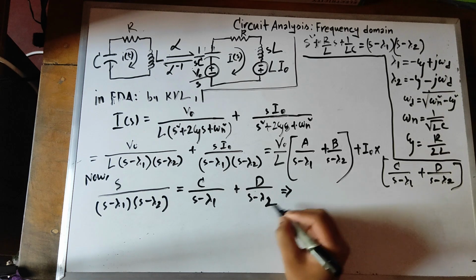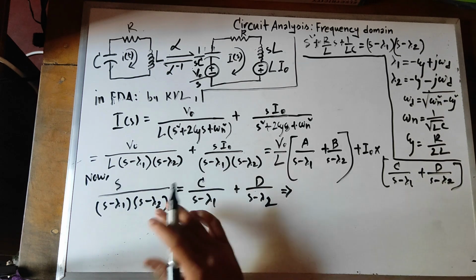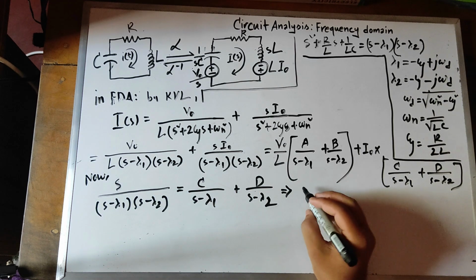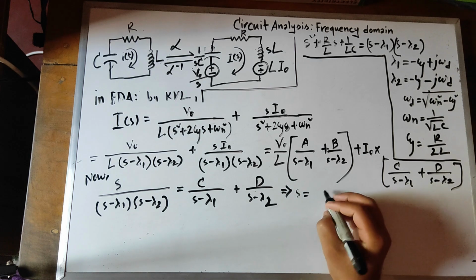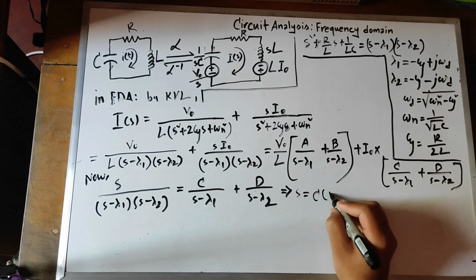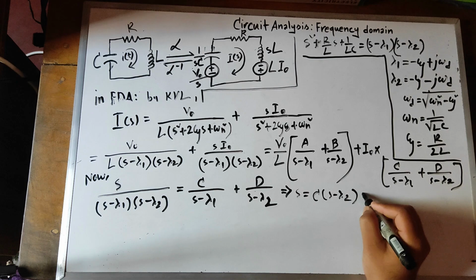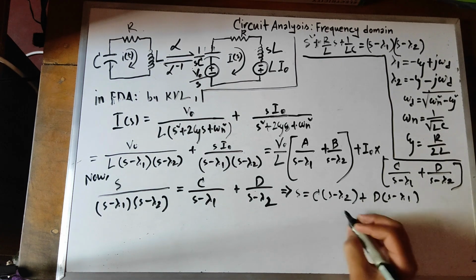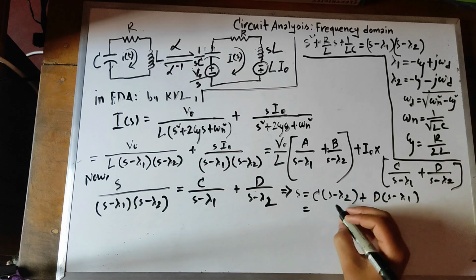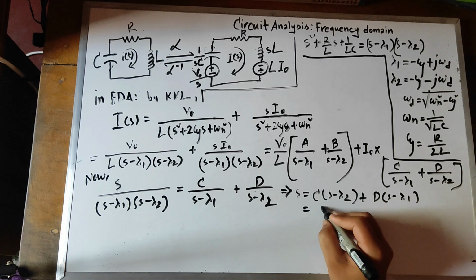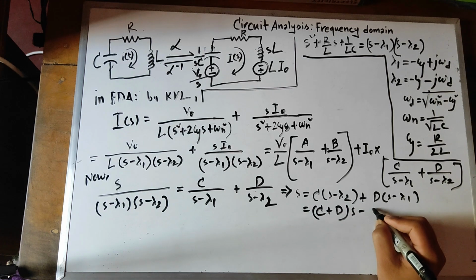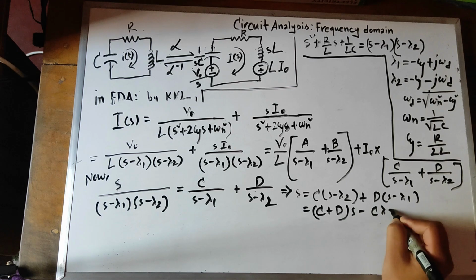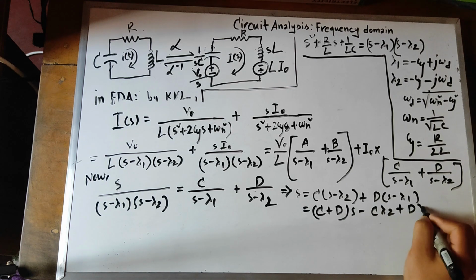If we take this term and multiply on both sides, it will give us s equals C (s minus lambda 2) plus D (s minus lambda 1). If we rearrange this, it will give us (C plus D) s minus (C lambda 2 plus D lambda 1).